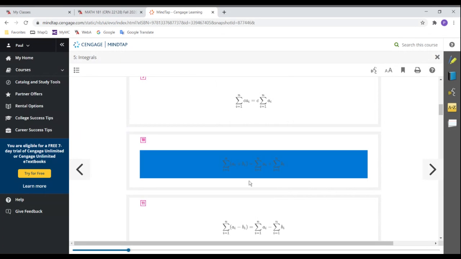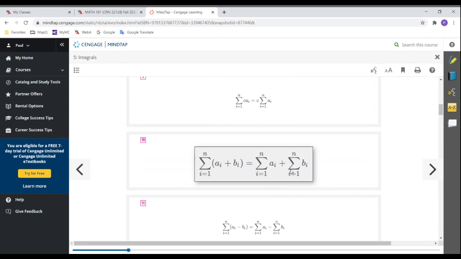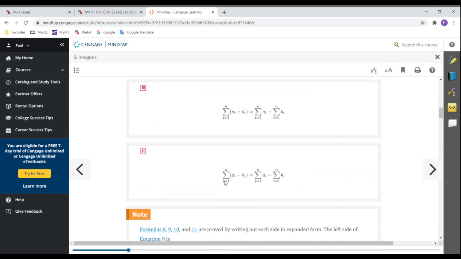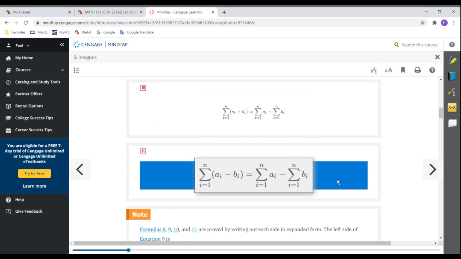If you have the summation of a_i plus b_i, you can add those summations separately. And similarly, the summation of a_i minus b_i is just the sum of a_i minus the sum of b_i.